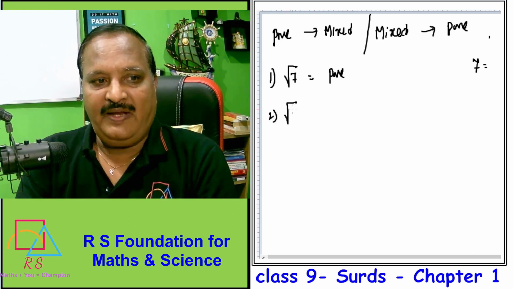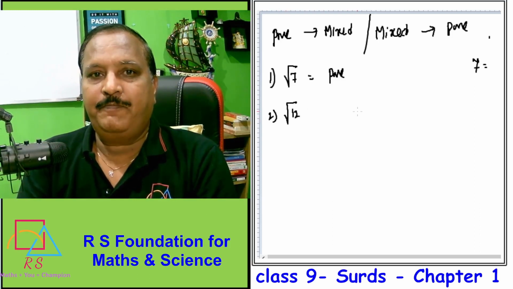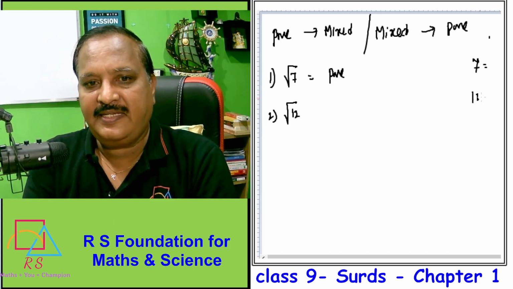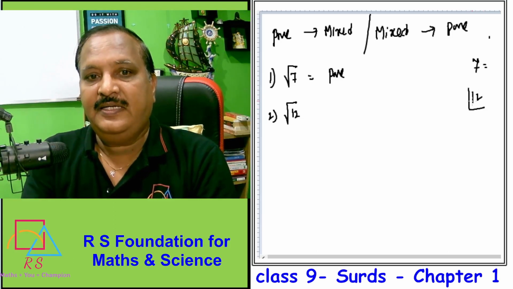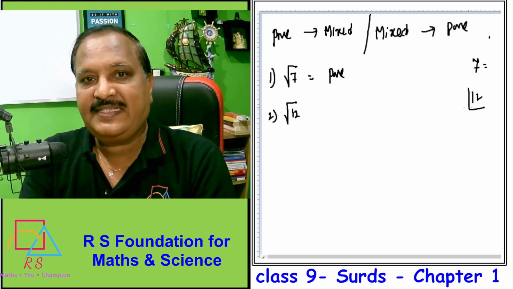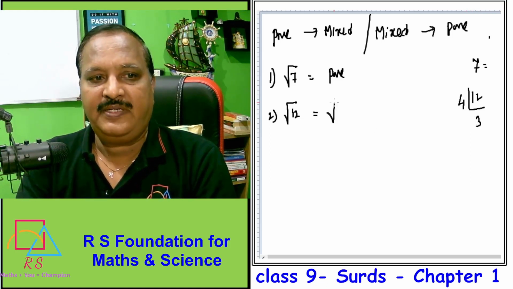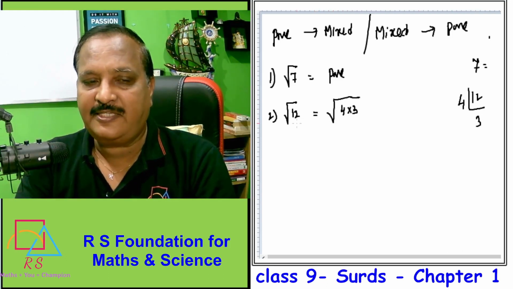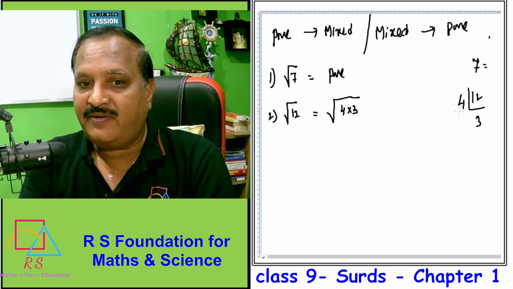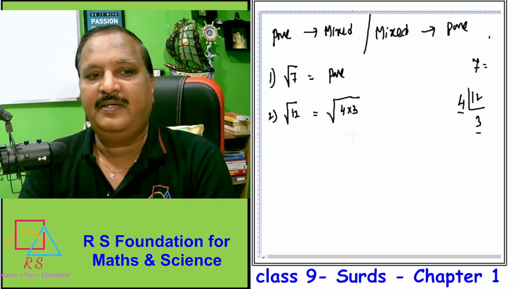Sometimes square root of 12 is there. Yes, 12 can be expressed as a product of prime factors. Because it is a square root, you see whether any perfect square can divide it. Yes, 4 is a perfect square, 4 3s are 12. So square root of 4 into 3. That means I have expressed 12 as a product of a square and one more number.